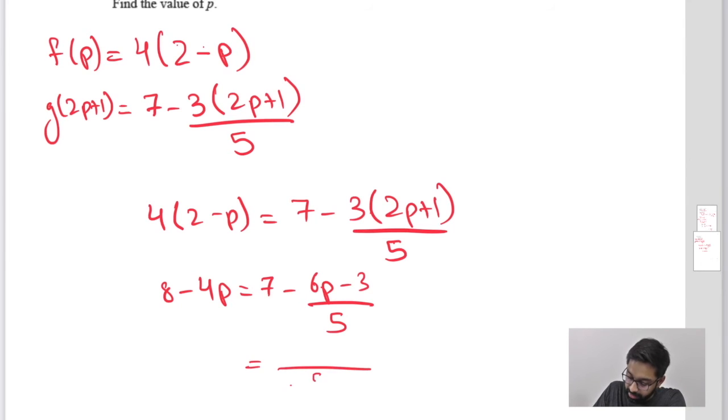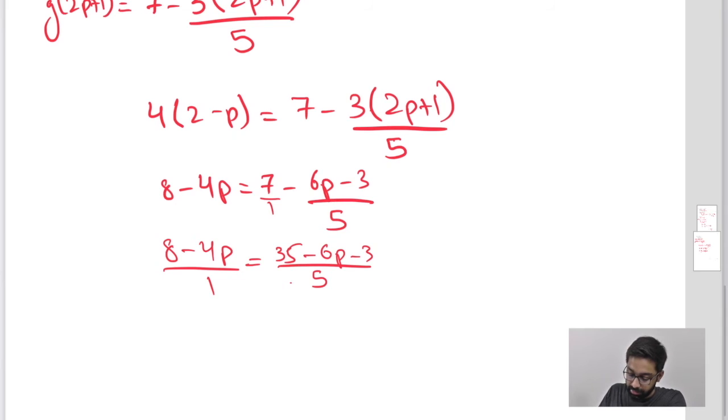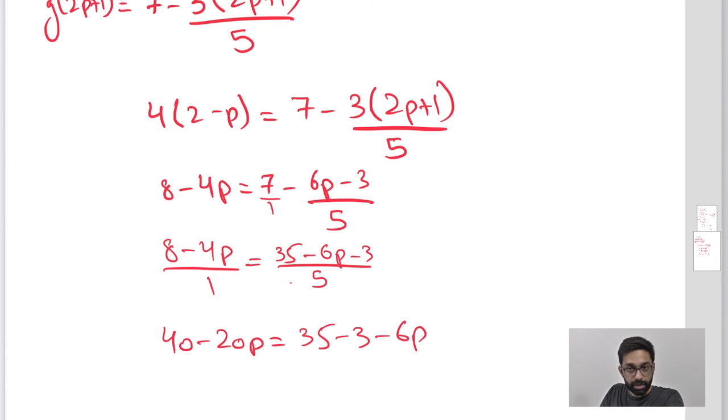The LCM is 5 in this case, so I multiply 5 with 8 minus 4p over 1. When I multiply, I get 5 eights are 40 minus 20p equal to 7 minus 3 minus 6p. Okay, I hope this is making sense so far.